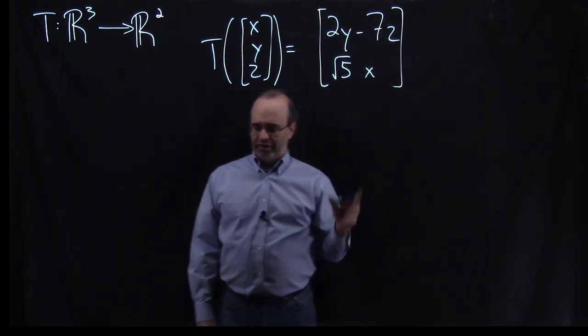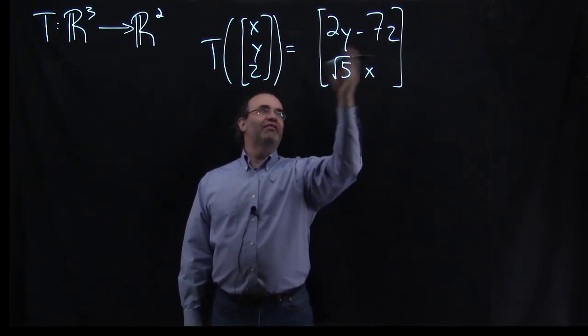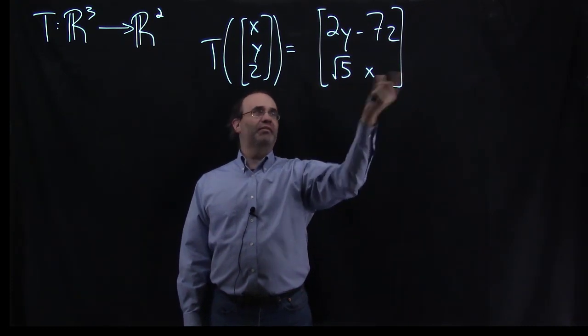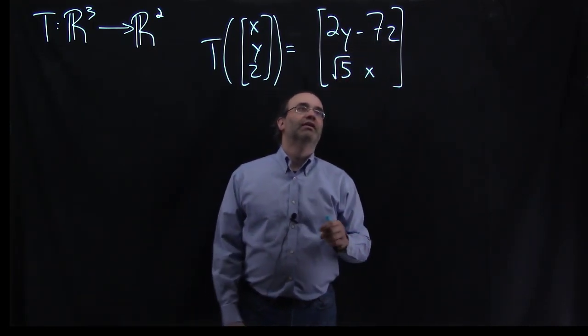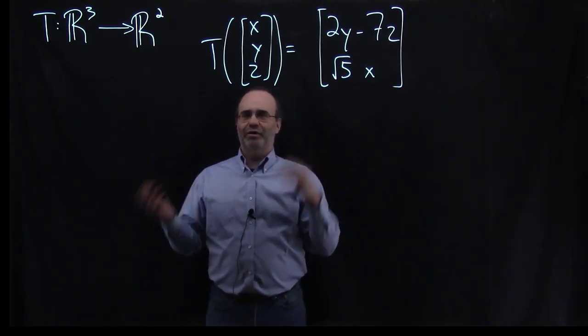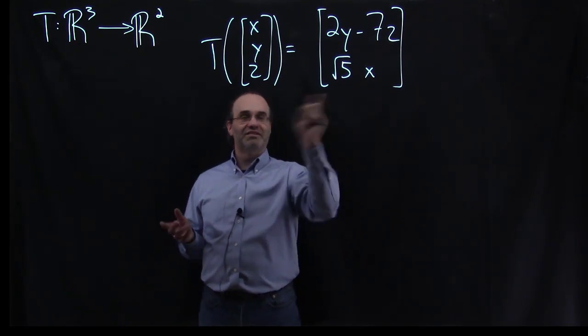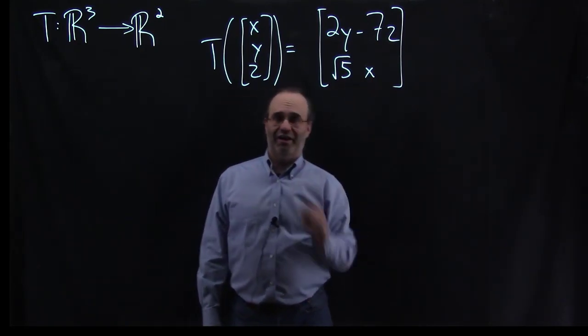Now if we look at this, we have addition of numbers and scalar multiplication of these variables by some constant in front. The function f of x equals square root of x is not linear, but it's not what we have here. Here we just have the scalar square root of 5 times x.